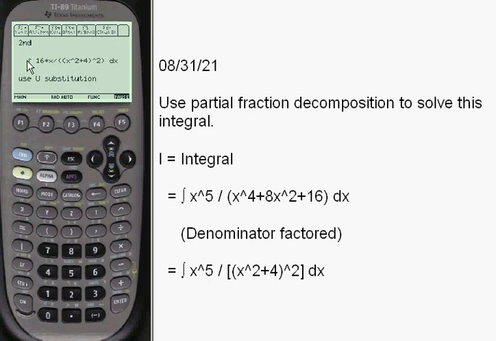Now we do the second integral that we've created, 16x over x squared plus 4 to the quantity squared. We're going to use u substitution again. Because there's an x in the numerator, we can use u substitution. When you differentiate x squared, of course, you get 2x, right?